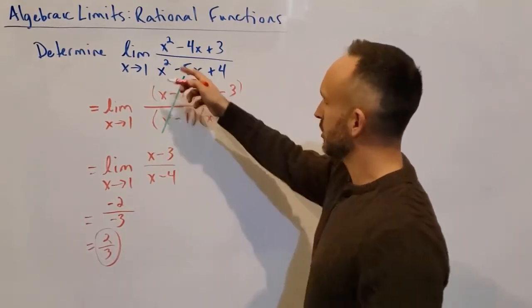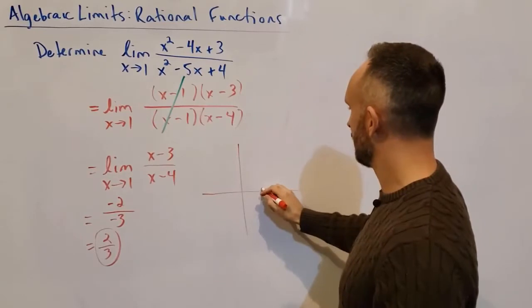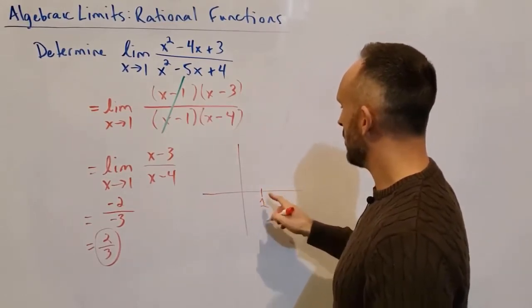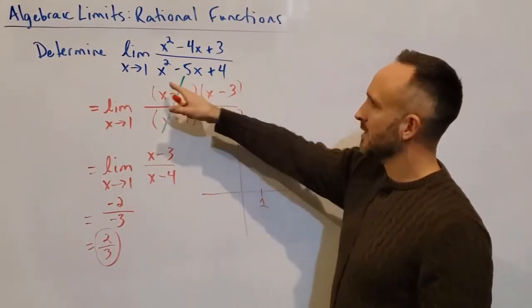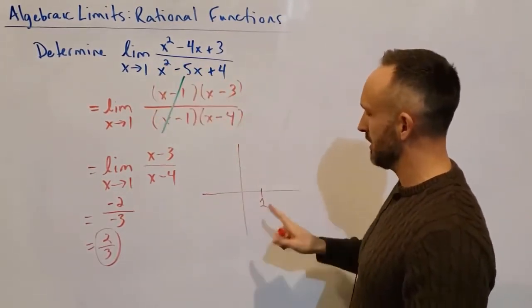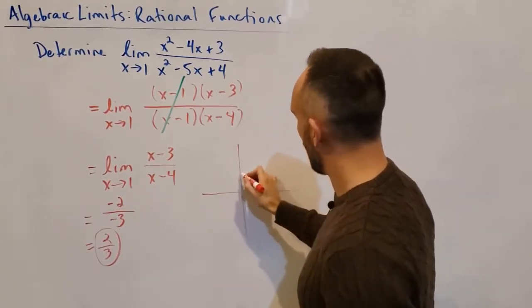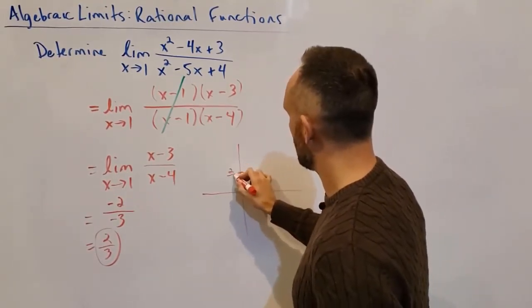And if you were to look at a graph of this function near x equals 1, right, we know it's not defined at 1. We already said we can't plug 1 in. We'd get 0 on the bottom. So I know there's no output there, okay? But whenever I approach 1 from both sides, my y value is approaching 2/3.